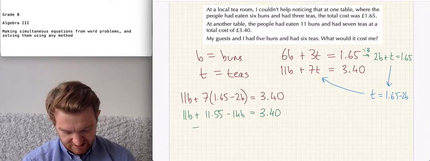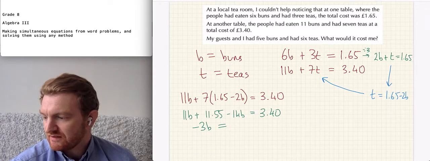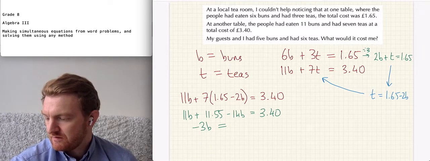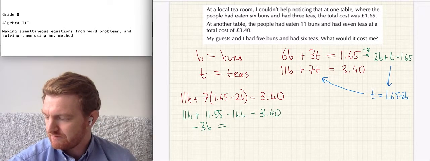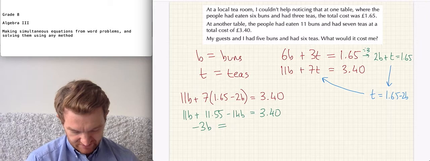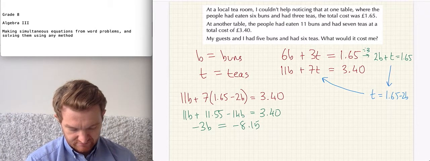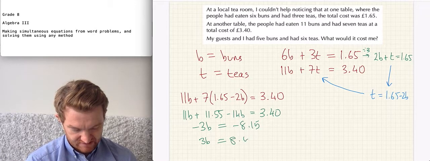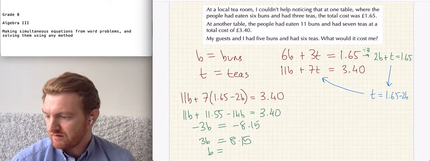And then I would say negative 3b is equal to 340 minus 1155. And that would give you negative $8.15. And then 3b is 8.15. So b is equal to that divided by 3. So $8.15 divided by 3.